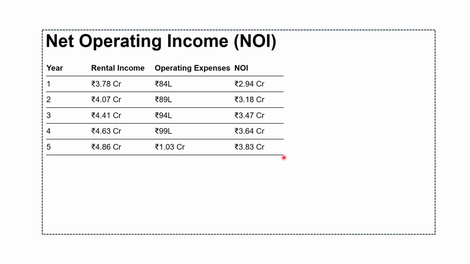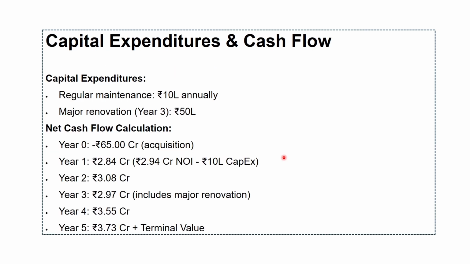Similarly, we project for every year. This NOI progression forms the foundation for our DCF valuation, showing how effective property management and favorable market conditions can drive consistent income growth over the projection period. Then we move to capital expenditure and cash flow. Capital expenditure represents investment required to maintain and improve the property over time.